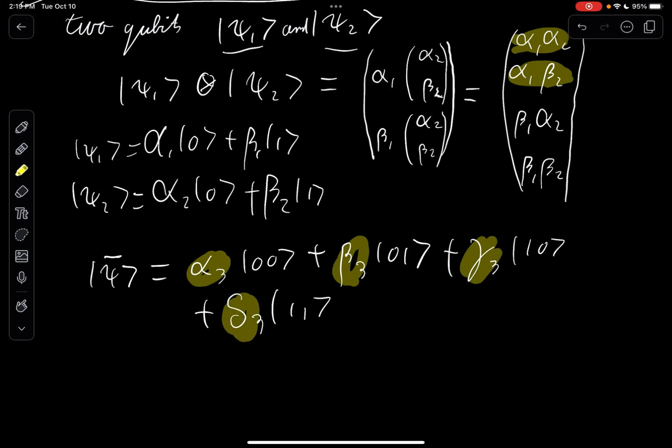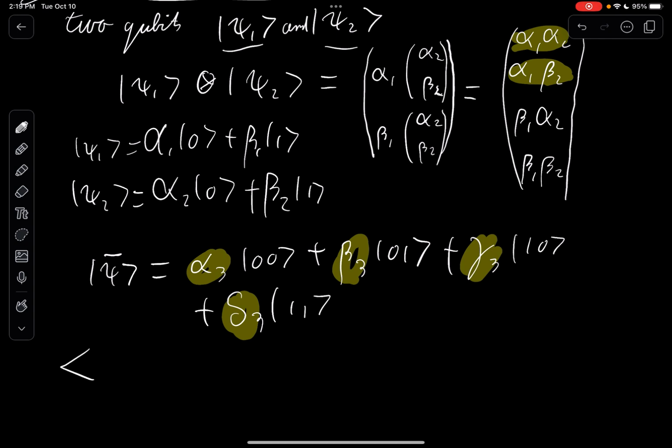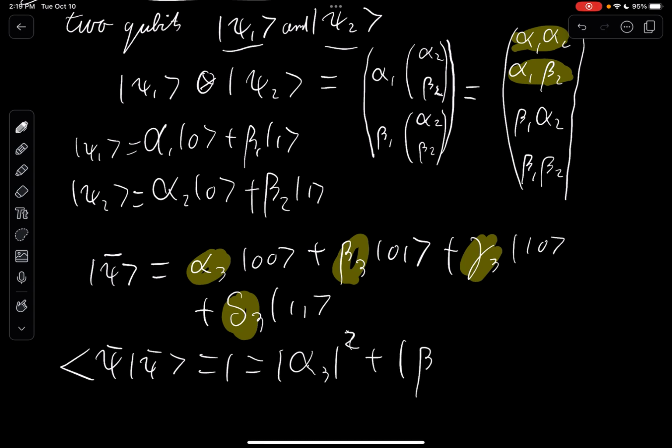And again, as before, we have the similar condition that psi bar, the inner product with itself, should equal 1, which again, in other words, is just that the absolute value of alpha 3 squared plus the absolute value of beta 3 squared plus the absolute value of gamma 3 squared plus the absolute value of delta 3 squared equals 1. So these 4 parameters describe a general 2-qubit state.